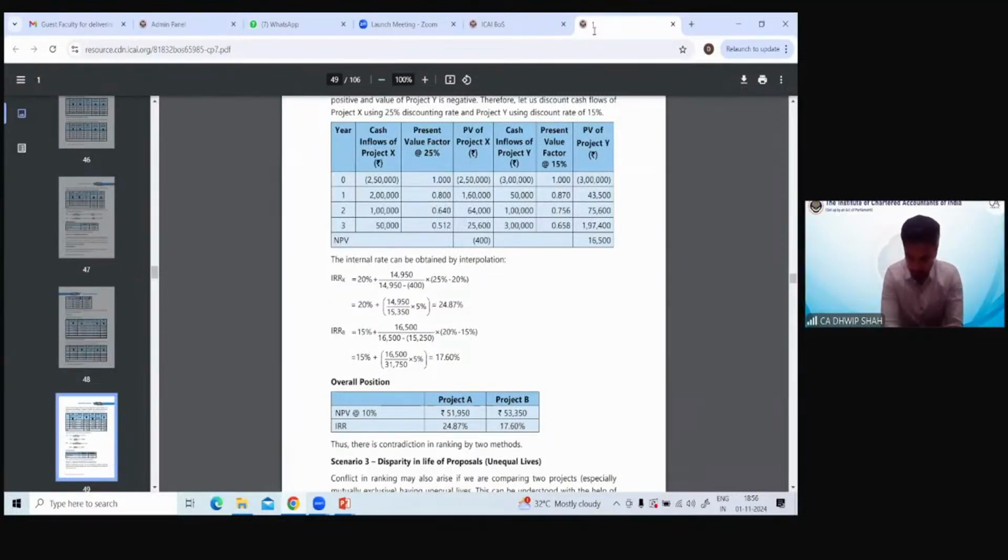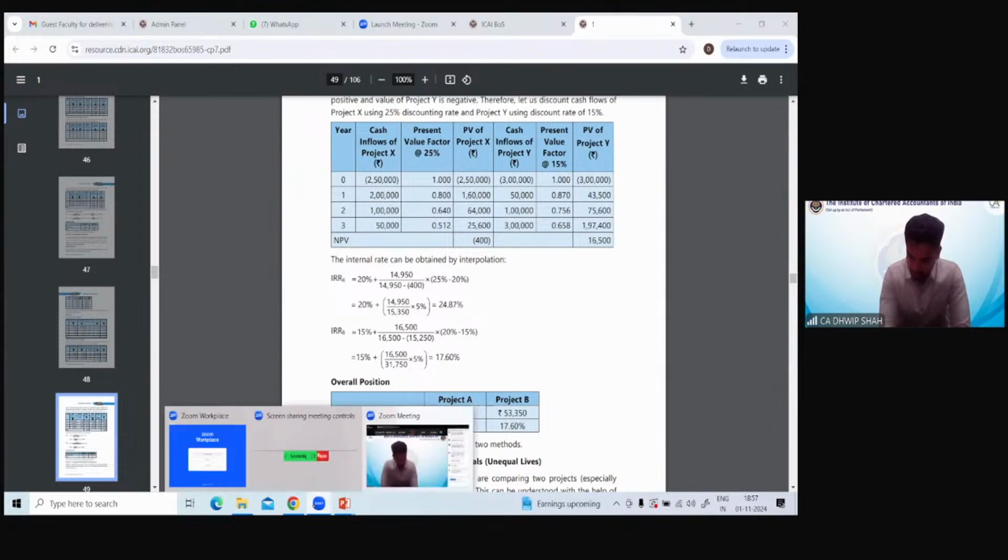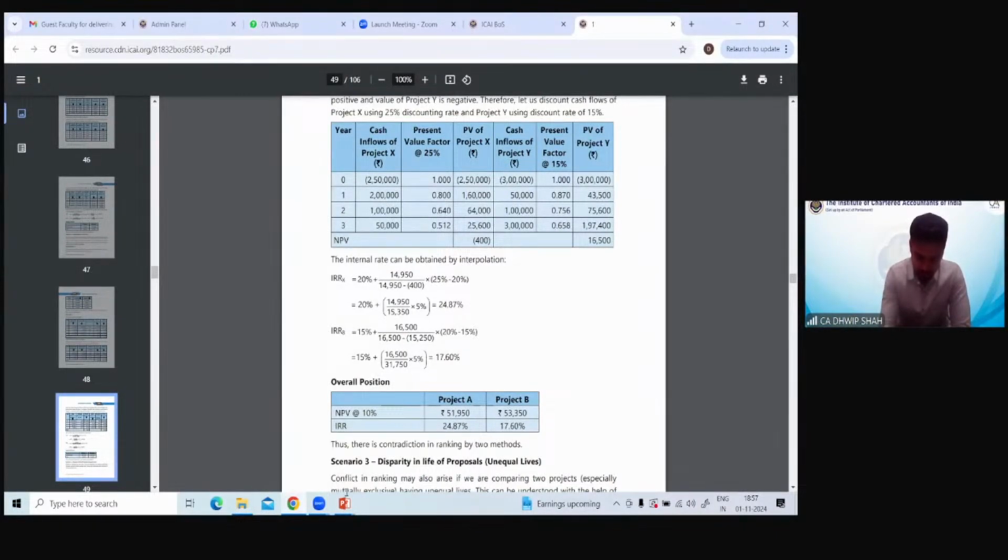Understood? Any questions till here? Situation 2. At the end, if time permits, I will definitely explain you the IRR technique. Extra questions on this?